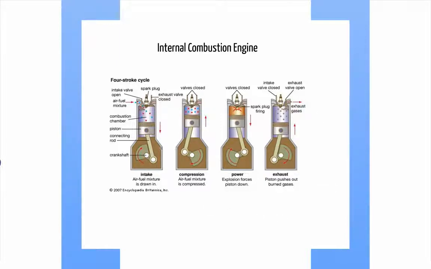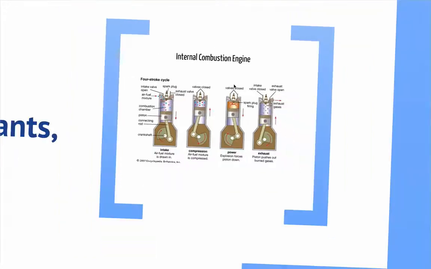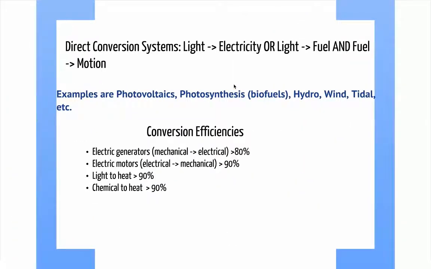Again, this internal combustion engine is something we're very familiar with, but it's an example of a heat engine. A heat engine can be thought of in a very general form. Of course, in academics, we will think about this from a very theoretical point of view, which is why we're talking about heat engines. You can have various different kinds of energy conversion. You can have light being converted to electricity, which is of course the photovoltaic effect.